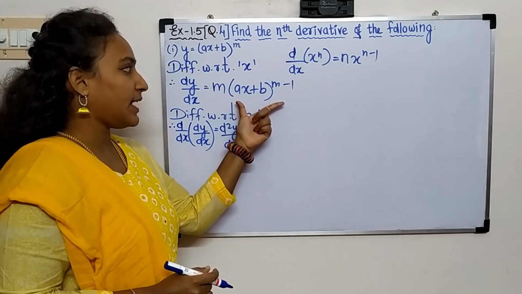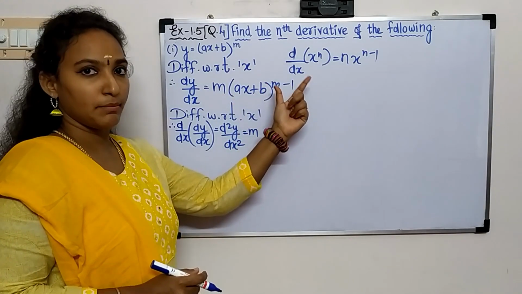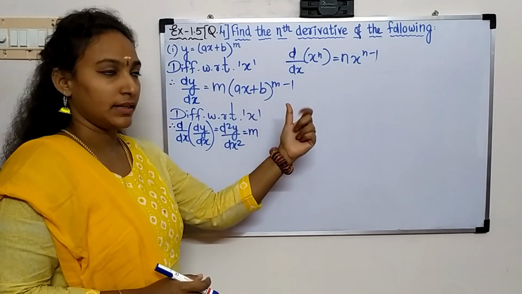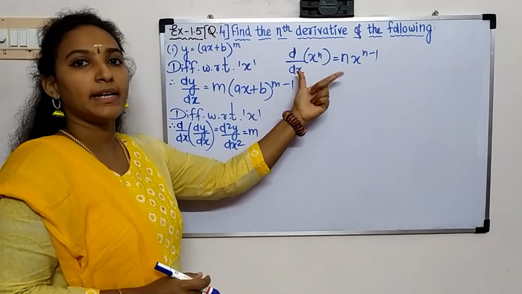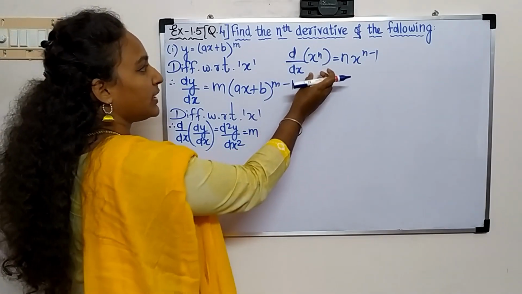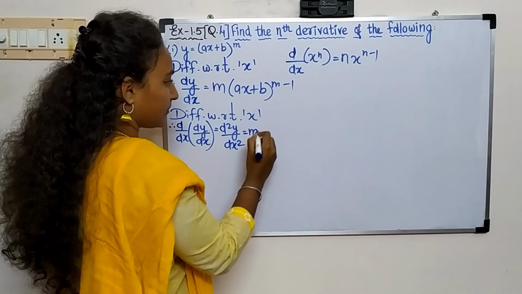Now consider (ax plus b) raised to m minus 1, which is similar to x power n. Derivative of x power n is n into x raised to n minus 1. So here our n is m minus 1.